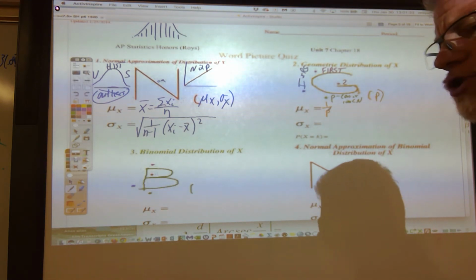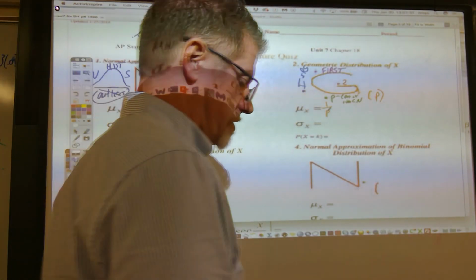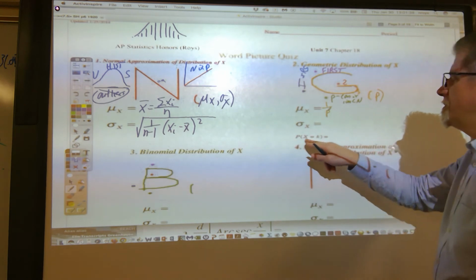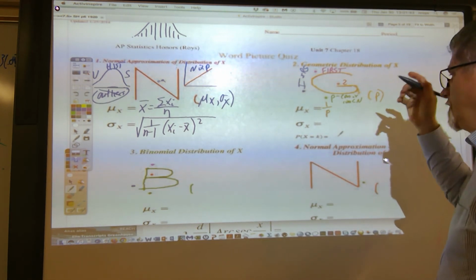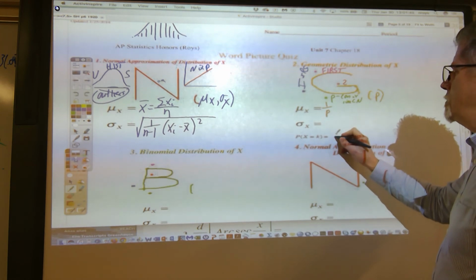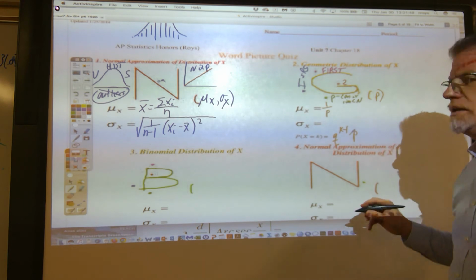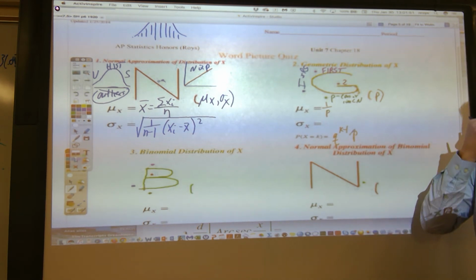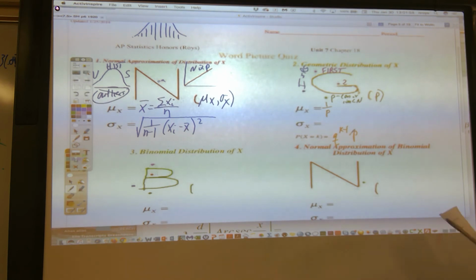Now, in terms of the other formulas, Val came up with the probability of capital X equals lowercase k. That was her formula. She said it was q to the k minus 1 times p. So that's the formula for filling in any given cell in the distribution.